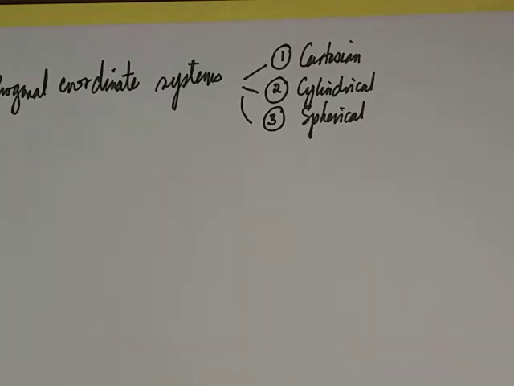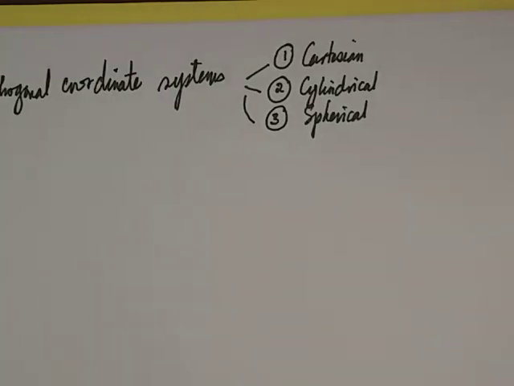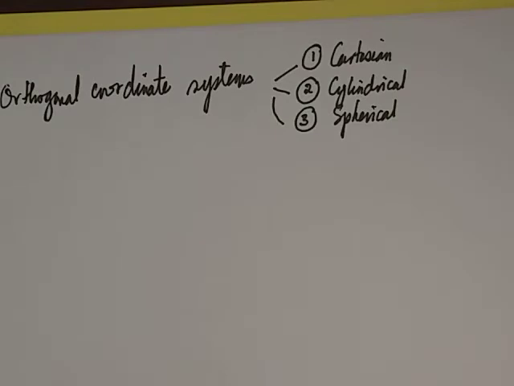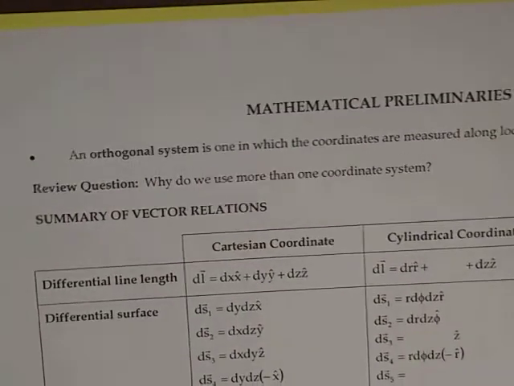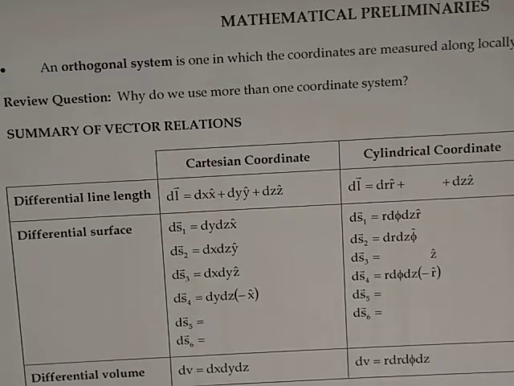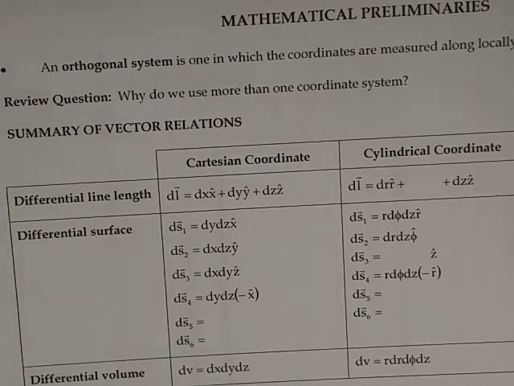Okay, so now I'm going to talk about these coordinate systems one by one. We're going to fill in the information needed in this table, which has been given to you through handout number 2.